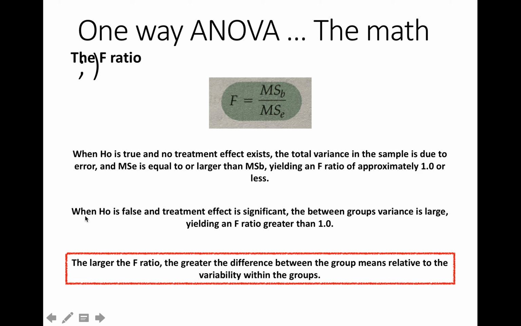But when the null is false and the treatment effect is significant, the between groups variance is large, yielding an F ratio greater than 1. So the larger the F ratio, the greater the difference between the group means relative to the variability within the groups. So if your F ratio is bigger, you have more probability of finding statistically significant results.